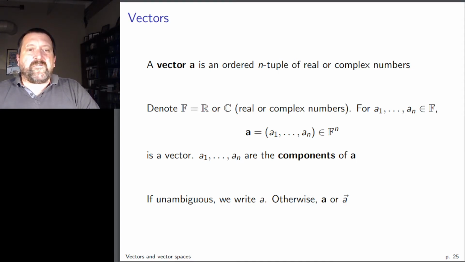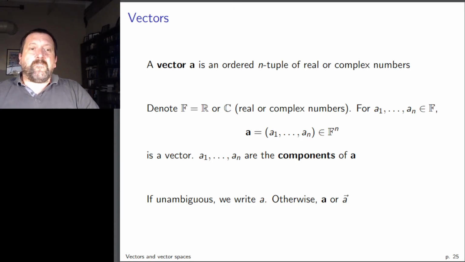And so for numbers a1 to an in F, we denote a equals this n-tuple, and we say it belongs to F to the power n. So that would be R to the power n or C to the power n. And this is what we call a vector.